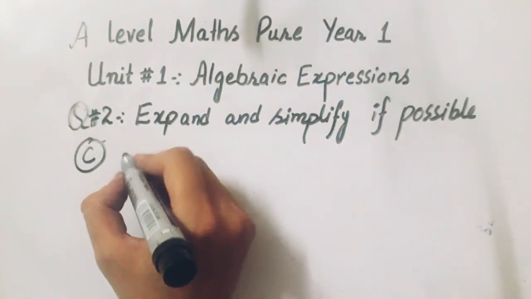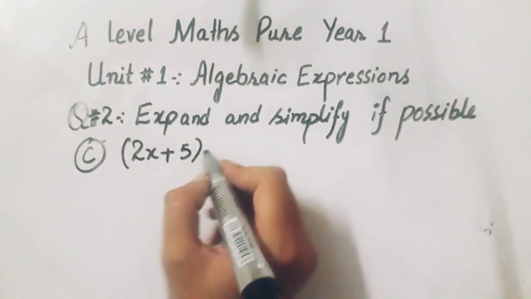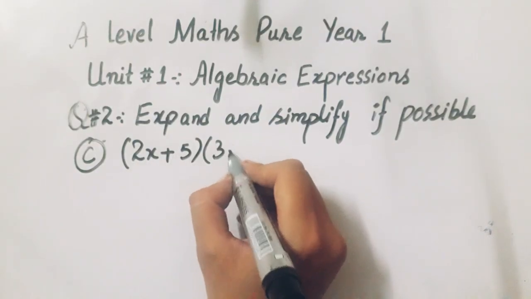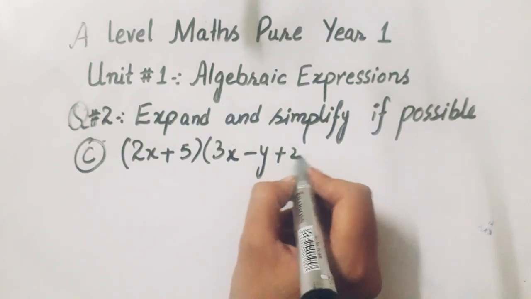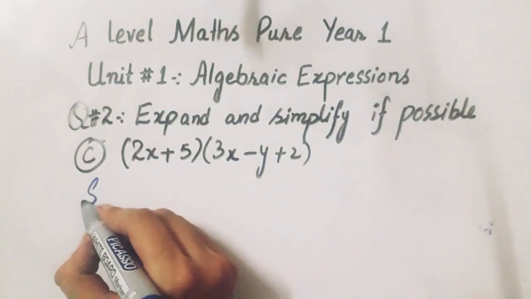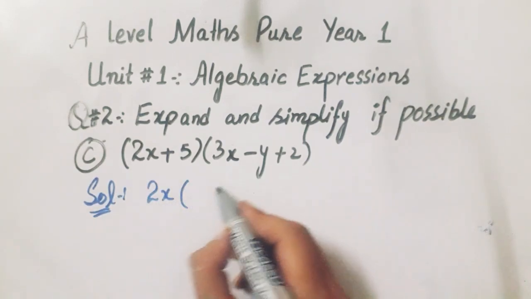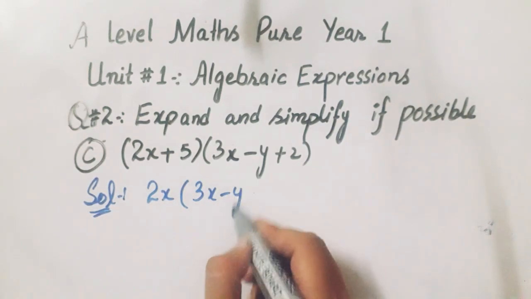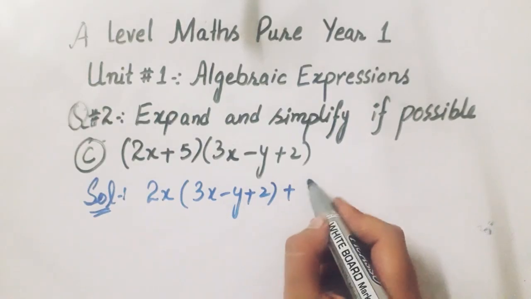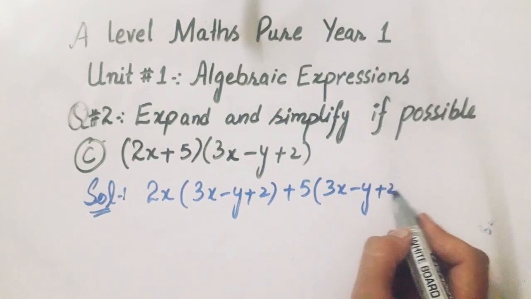So in the C part we have 2x plus 5 into 3x minus y plus 2. It means that we will solve this as 2x is multiplied by 3x minus y plus 2, and plus 5 is multiplied by 3x minus y plus 2.